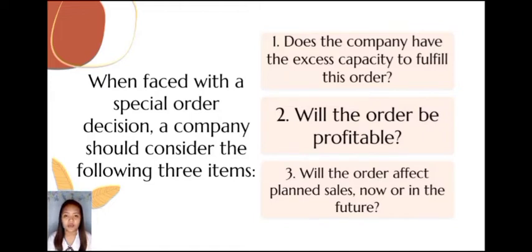Typically, special order will have a reduced price or additional cost. So ask yourself if the price will be enough to cover the incremental costs associated with the order. Think back to overhead allocation. When overhead allocation rates were developed at the beginning of the year, they were based on the planned production.